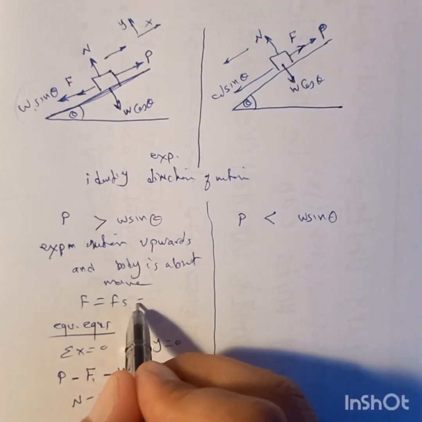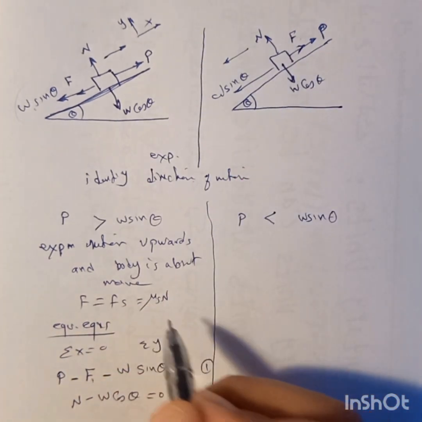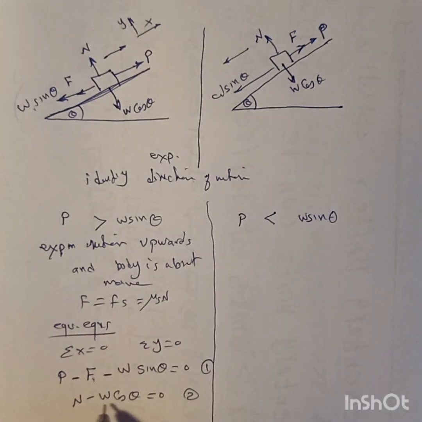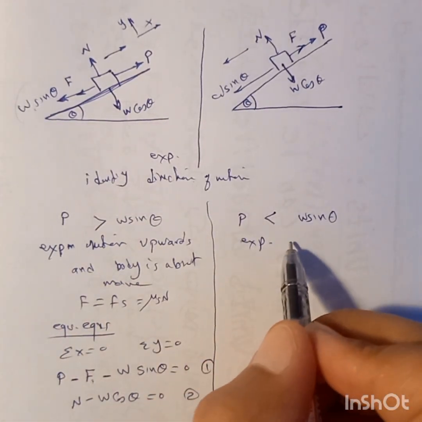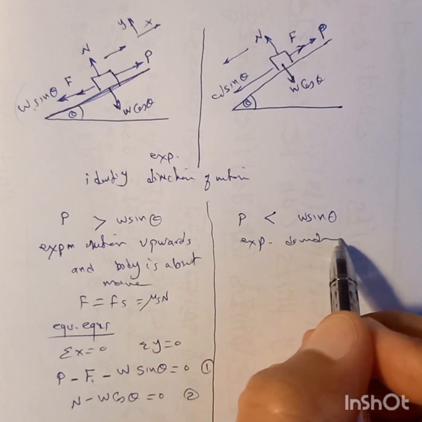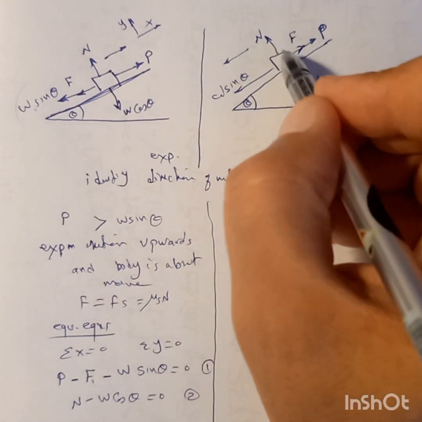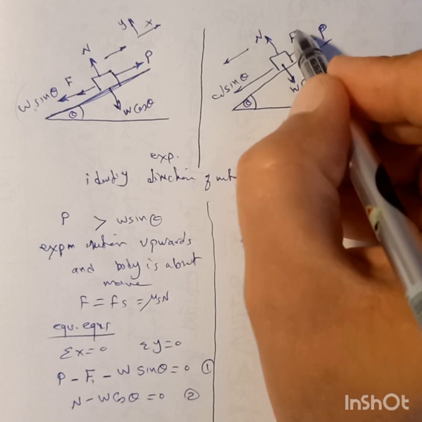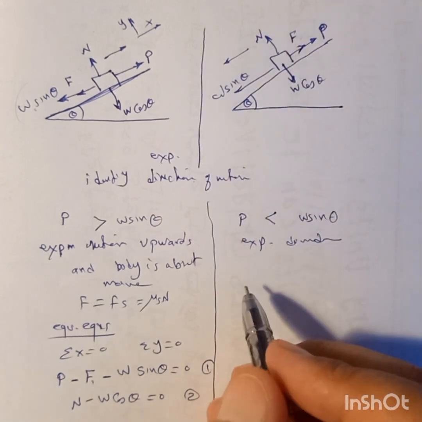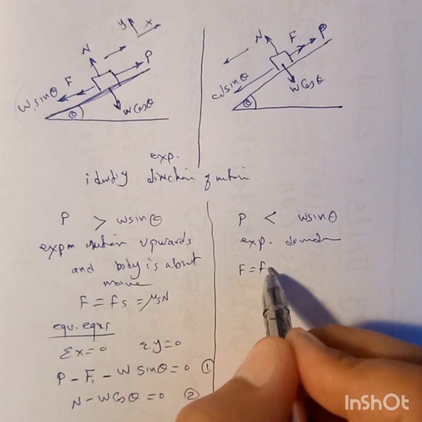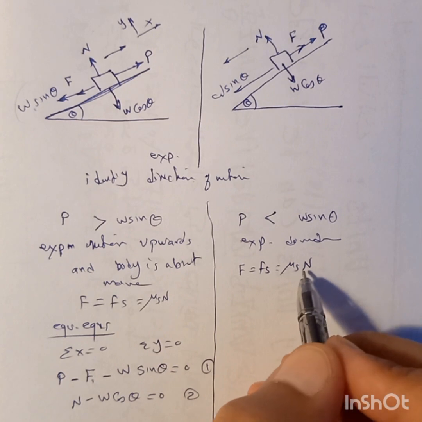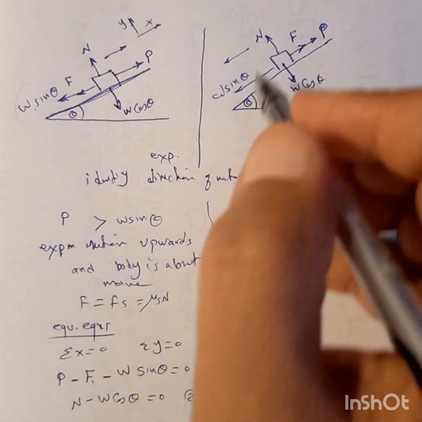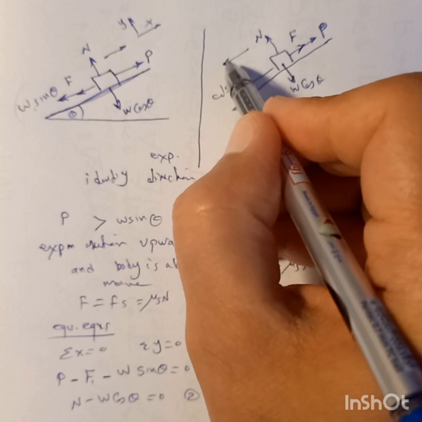Fs equals mu s times N, where N equals W cosine theta from the second equilibrium equation.